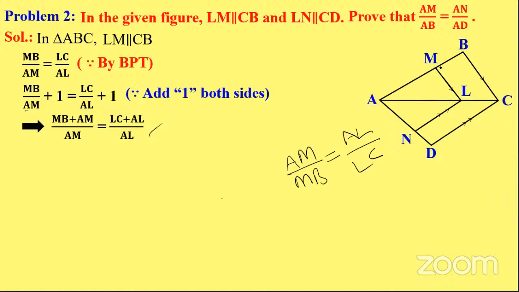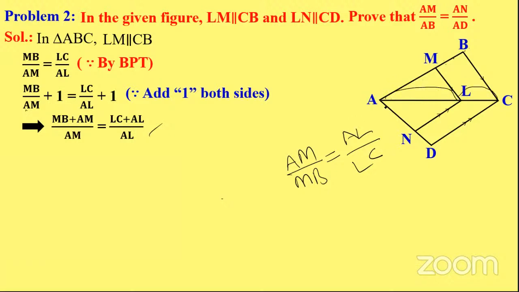This is MB. This is AM. AM plus MB, nothing but AB. Similarly, AL plus LC: this is AL, this is LC.